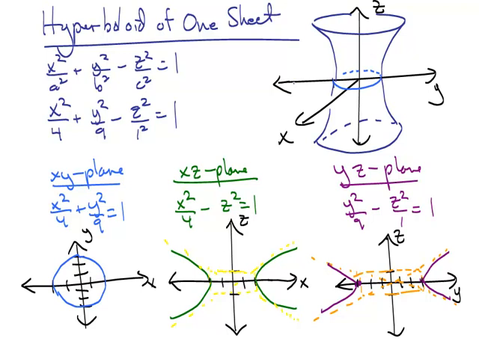If I cut it on the xz plane, here's my hyperbola coming down like this, and then the back side of it. That's on the xz plane. If I cut it on the yz plane, I have another hyperbola. I know it looks a little bit different, but here is cutting through the y-axis, and here's the back side of that in that purple there. So you can see how that forms that hyperboloid of one sheet.